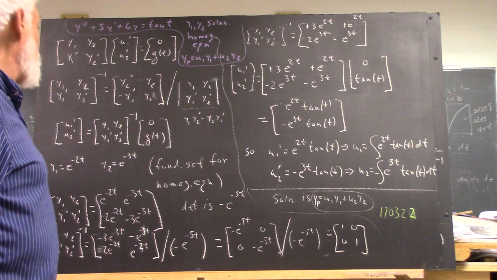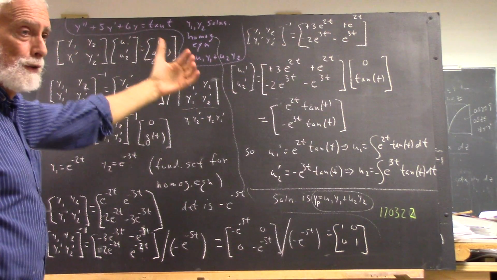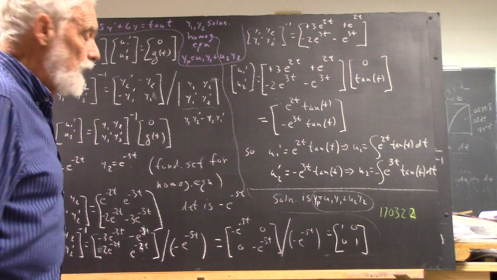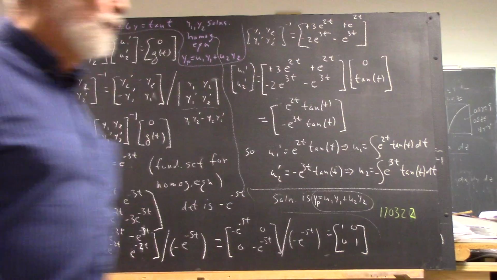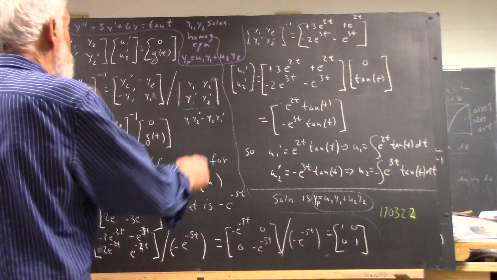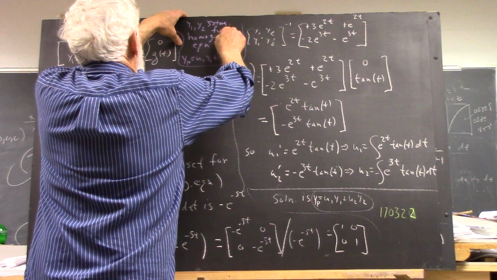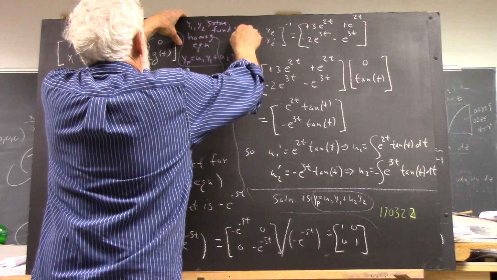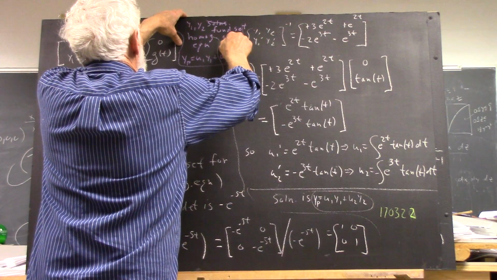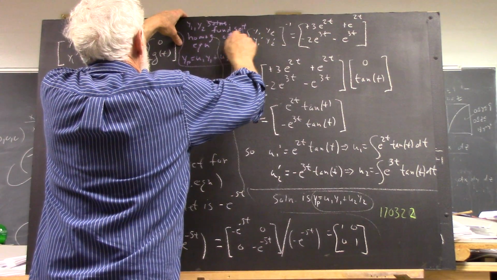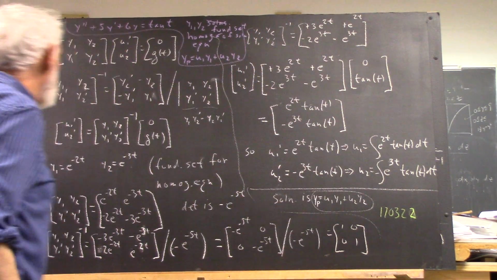Now, when I say y1 and y2 are solutions, I kind of misspoke. y1 and y2 are not just solutions to the homogeneous equation. They have to be a fundamental set of solutions to the homogeneous equation.